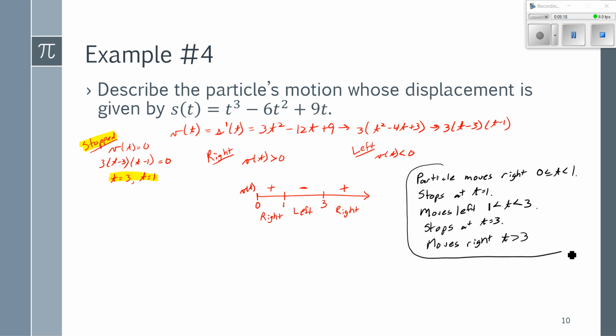And this is half of my description. I now know, okay, at any given time, what direction is this particle moving?